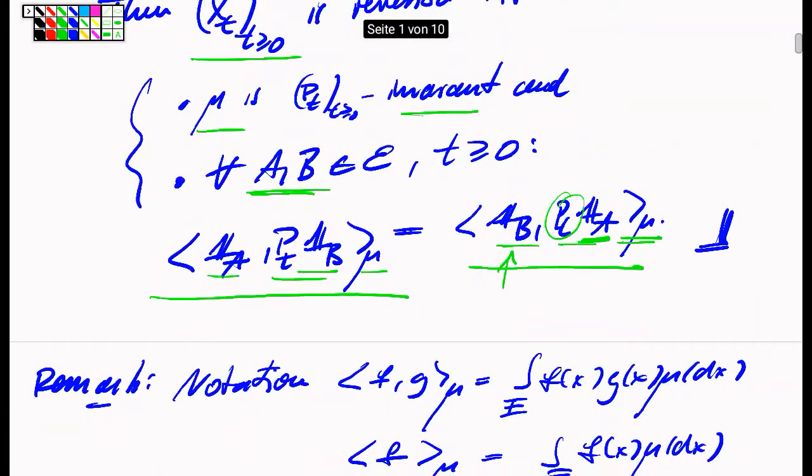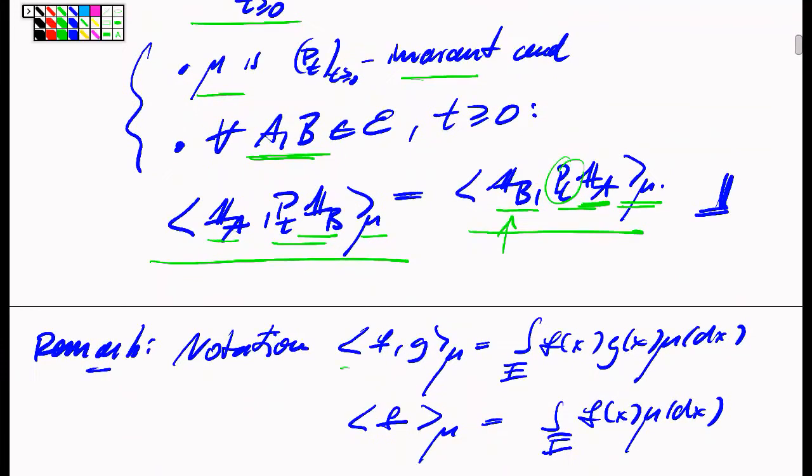So here we use the notation that the bracket of a function f with the function g in this mu bracket is just the notation for the integral of the product of the two functions f and g against the mu measure, which is basically the L2 inner product on functions with regards to this weighting measure mu.